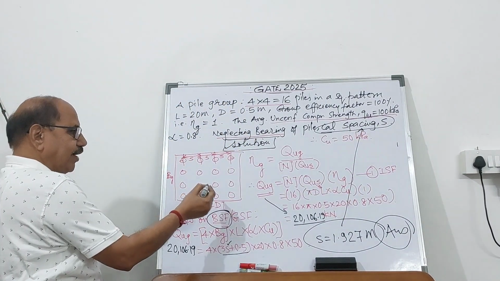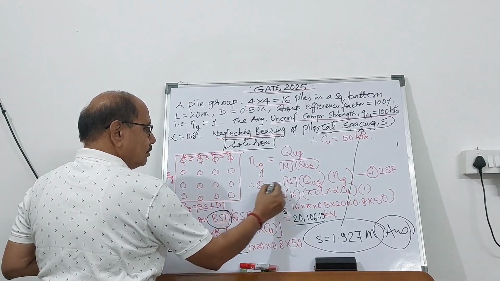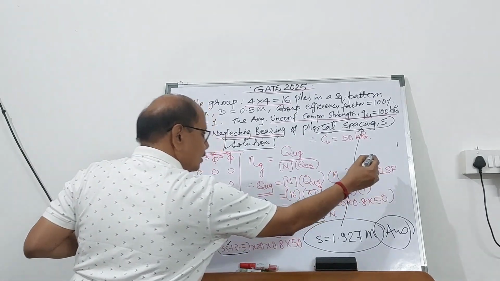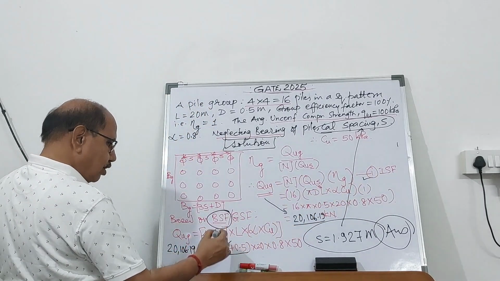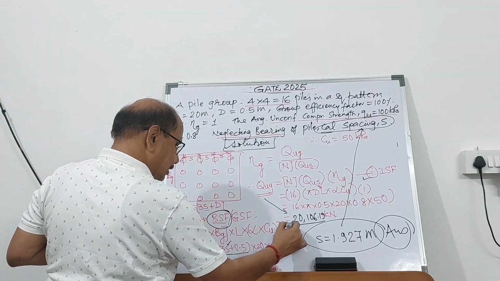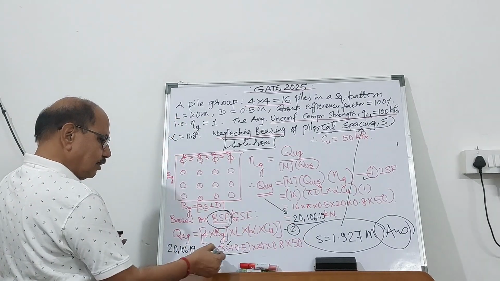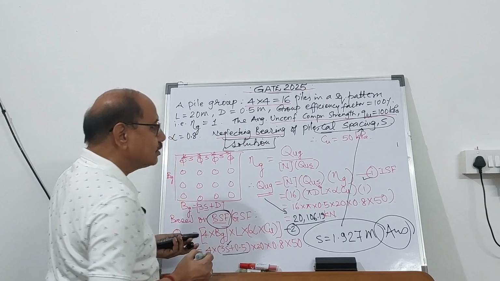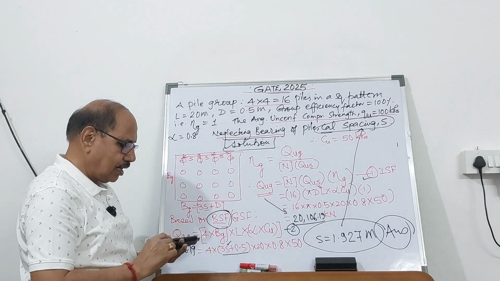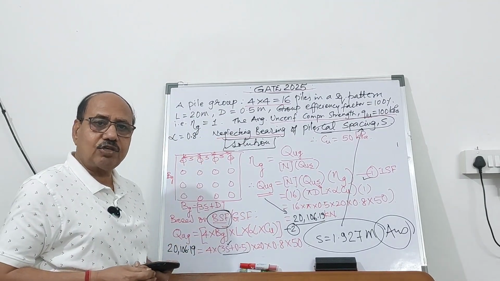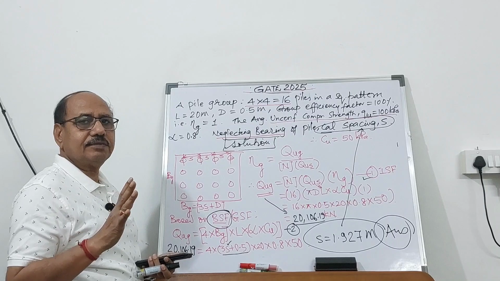So very simple way. Step 1 is this formula. Step 2, based on block shear failure, is the second step. And you can finally calculate this. In 2 steps, this pile groups problem can be solved very easily.